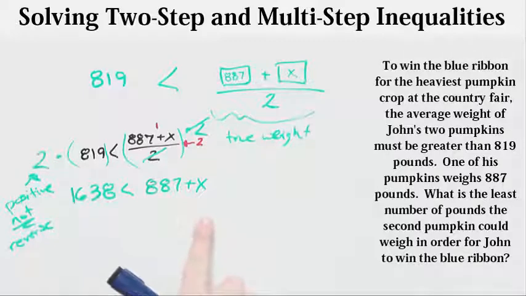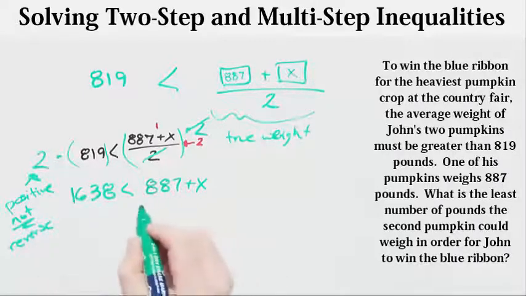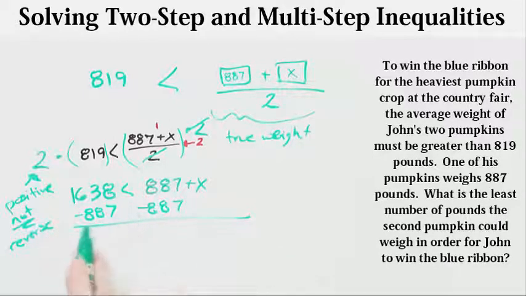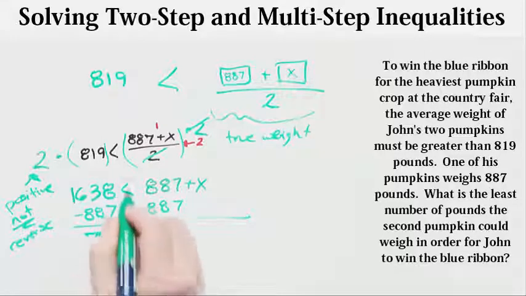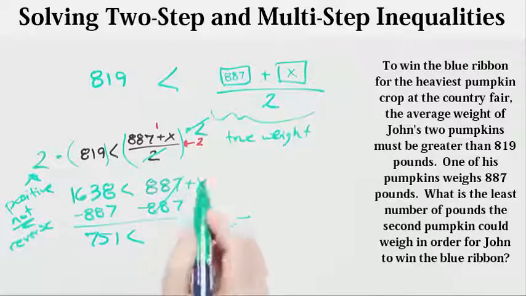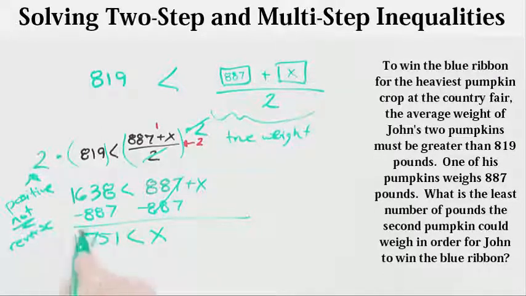I need the x by itself. So I need to pair this positive 887 with a negative 887. 1638 minus 887 is 751, which is less than positive 887 minus 887 turns to 0, and I'm left with x. So the answer is 751 is less than x.